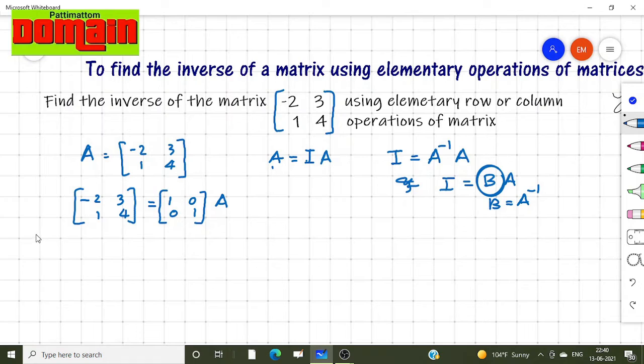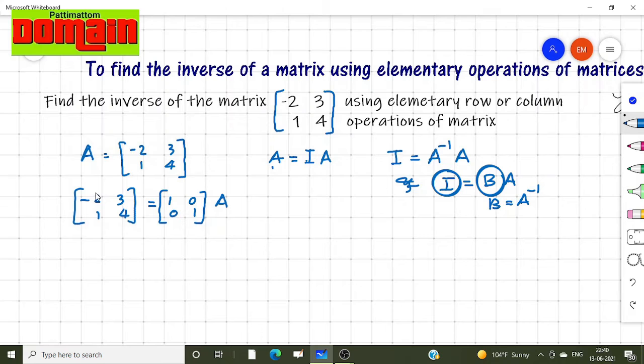What is our idea? This left hand side should be made into an identity matrix. How do we do that? For that, the first element of this matrix should be 1.